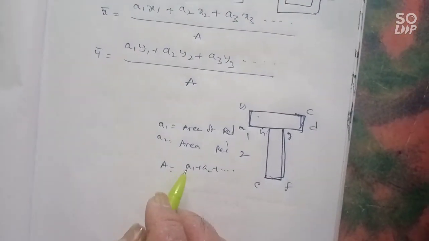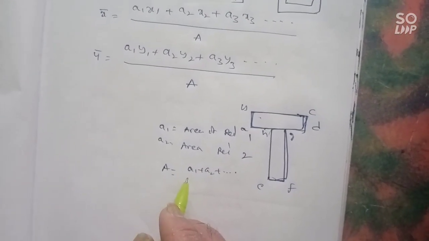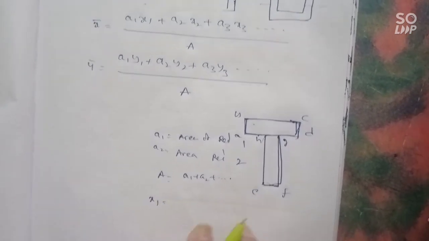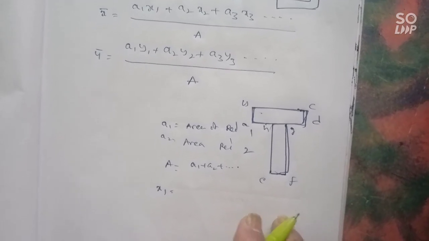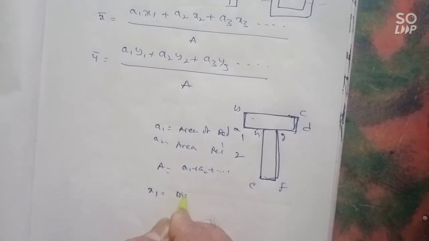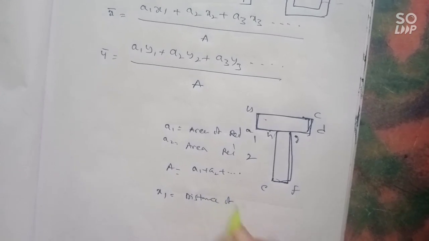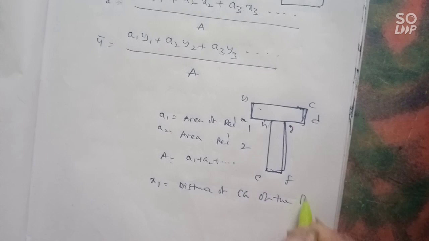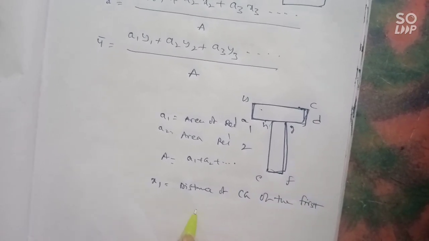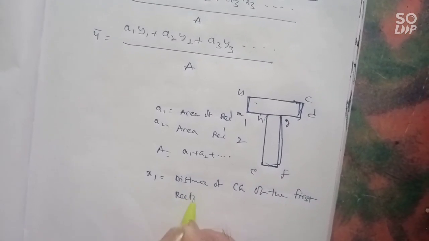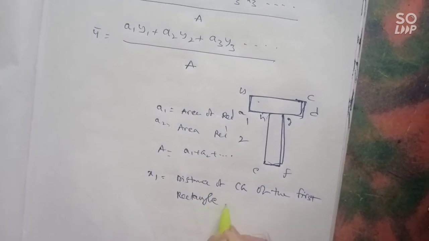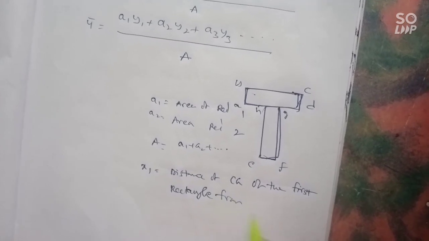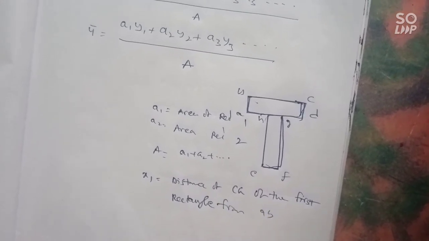Similarly, x1 is the distance of CG of the first rectangle from AB.